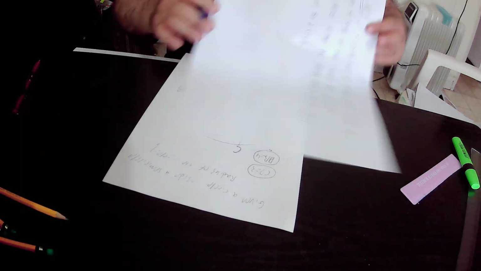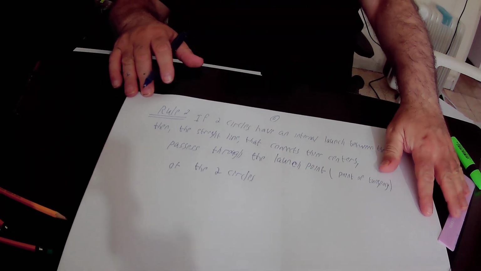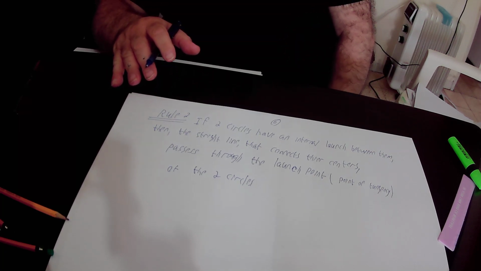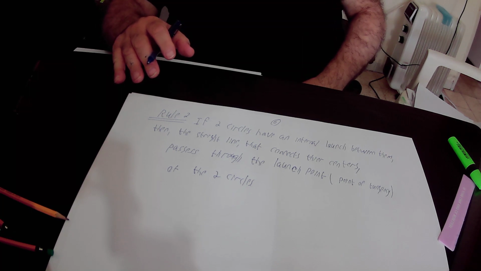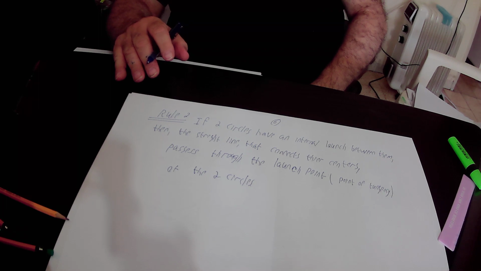So I repeat rule number 2 again. According to rule number 2, if two circles have an internal touch between them, that is to say they are touching each other internally, then the straight line that connects their centers passes through the touch point.